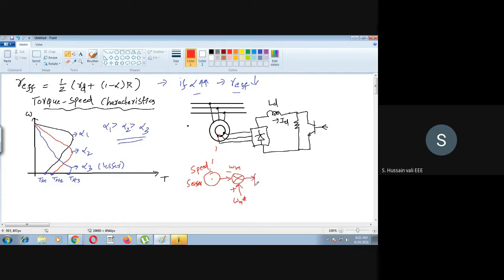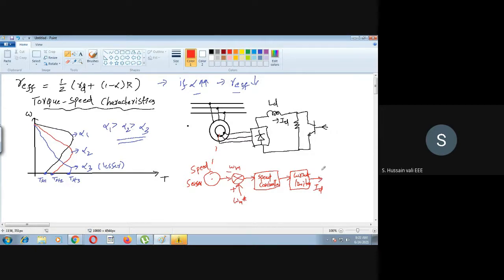Then, as per the error, you have the speed controller. Then you have the current limiter. You need to limit the current here. Then based on the error you will get the value of Id.